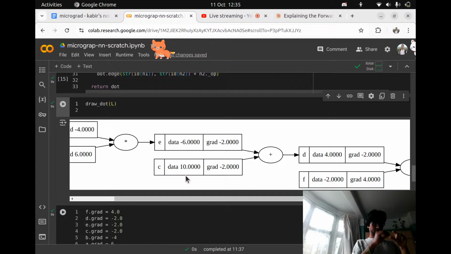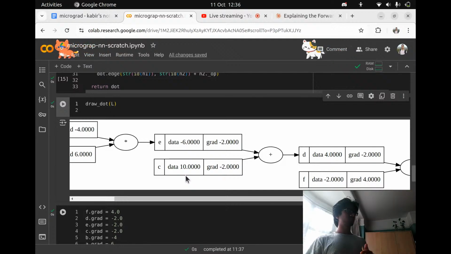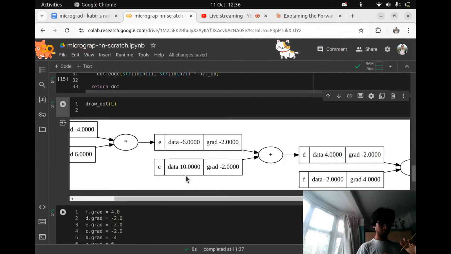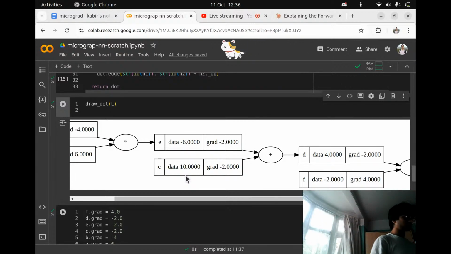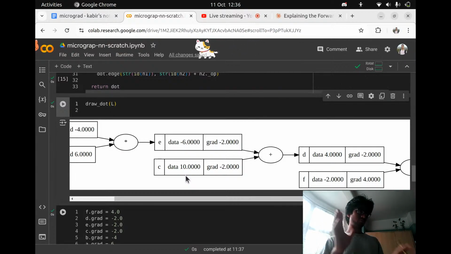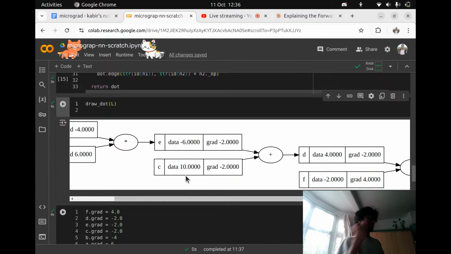So what is de by da and de by db? That's the only thing that I know about. That's my local gradient. Because e is a times b, we're asking what is de by da? And of course we just did that here. I'm not going to rederive it, but if you differentiate this with respect to a, you'll just get b, the value of b, which in this case is -3.0.